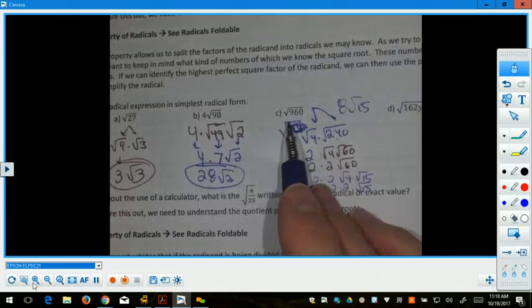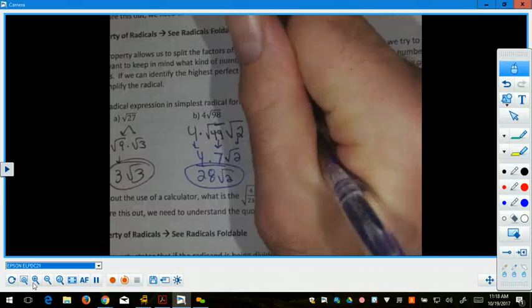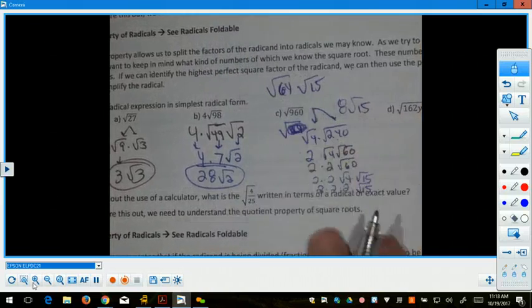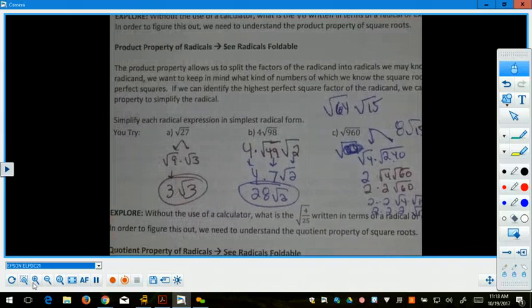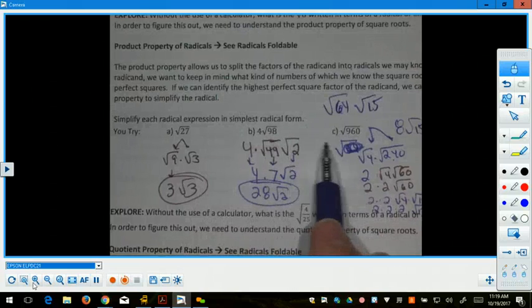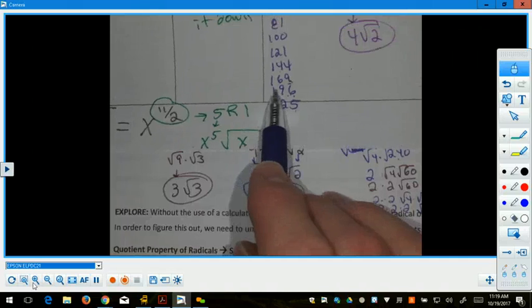Some of you might prefer to do this one by prime factorization because it's so big. But I'm going to tell you, 64 did go in. If you had done 64, which was the largest perfect square, by the way, here's what I would do with that. I would start dividing from the top of my list. In my calculator, 960 divided by 225 doesn't go in evenly.